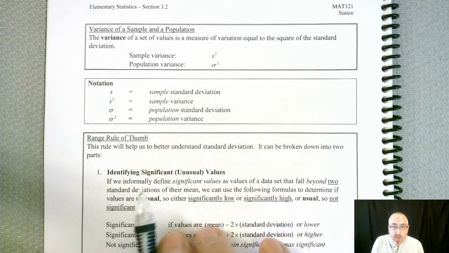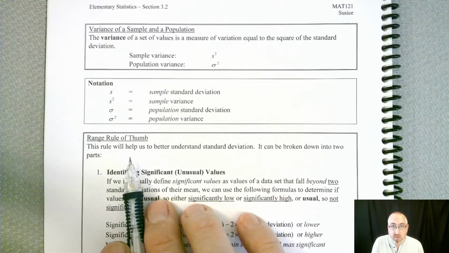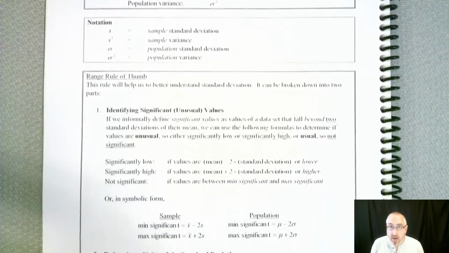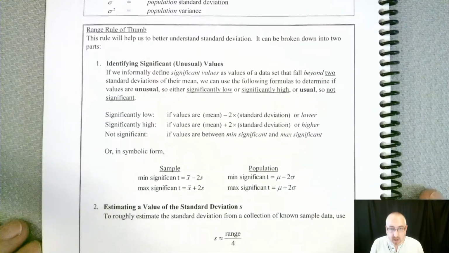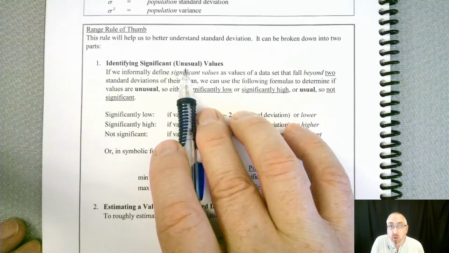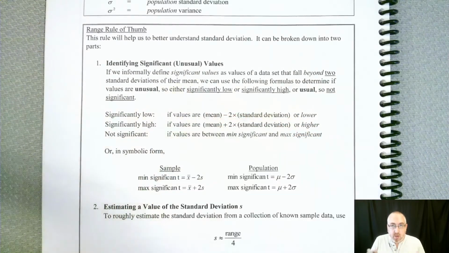So now the next part of this is the range rule of thumb. This is a pretty important one that's used in statistics quite a bit, and there's two layers to it. So the first layer is identifying significant, or in some textbooks they'll say unusual values. So basically what you're doing is finding two cutoffs for where the significant values end and where the non-significant values begin.